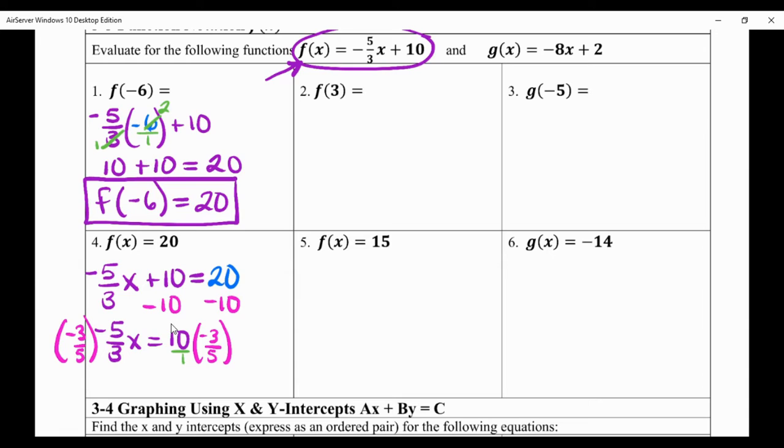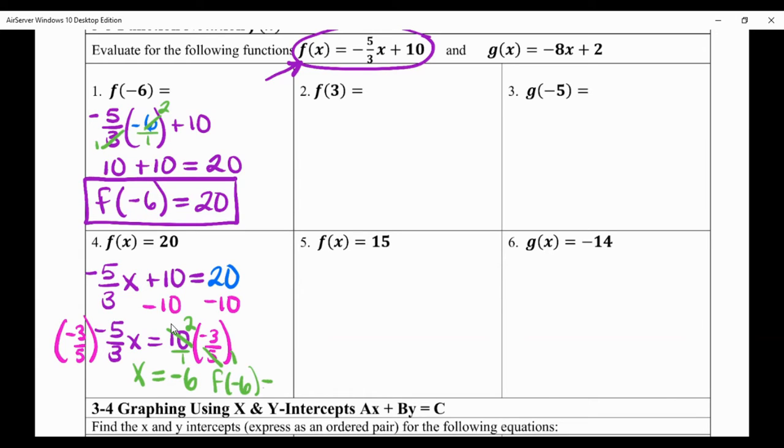Again, you can multiply the numerators, -30, and multiply the denominators, +5, and then simplify, or you can cross cancel. 10/5 is 2/1, and 2 times -3 is equal to -6.